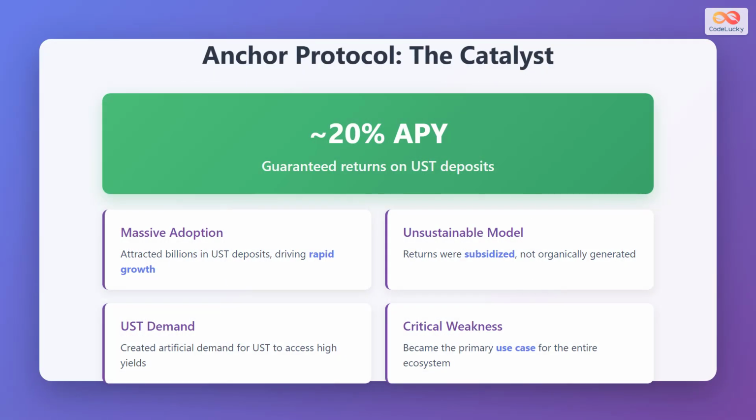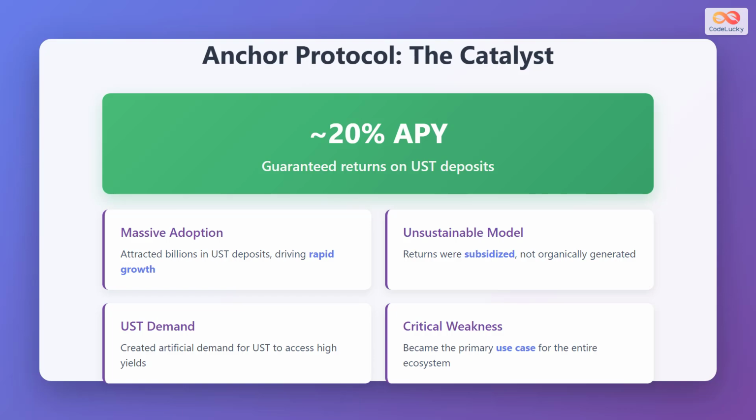A crucial piece of the Terra ecosystem was Anchor Protocol, which offered approximately 20% annual percentage yield on UST deposits. This was an incredibly attractive return that drew billions of dollars into the ecosystem. The high yields created massive adoption and artificial demand for UST, as people wanted to access these guaranteed returns.